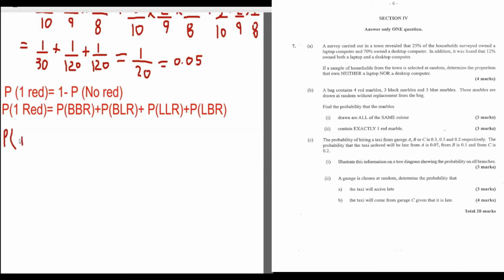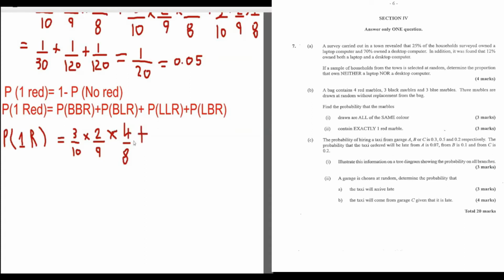The probability of one red, 1R, is equal to the probability of getting a black, which is 3 out of 10, times, when you take out that black, you have 2 black left out of 9, times the red now: you have 8 marbles in there and 4 red, so it's 4 out of 8, plus.